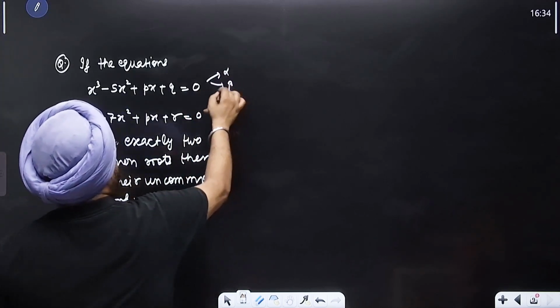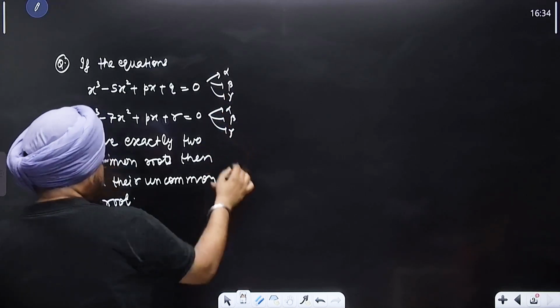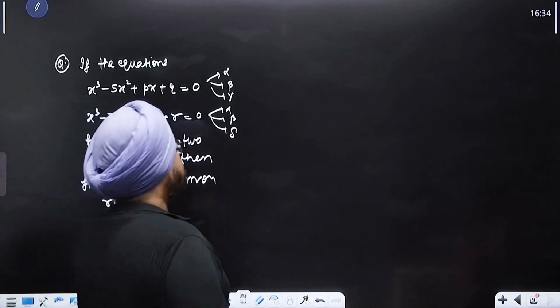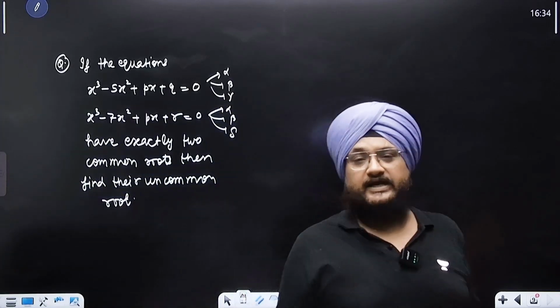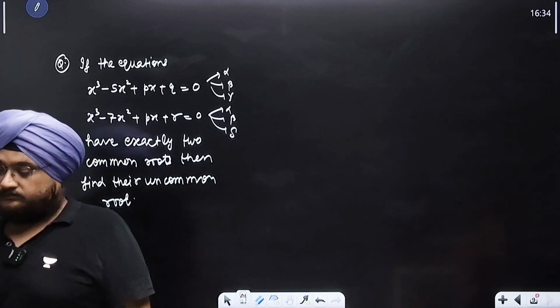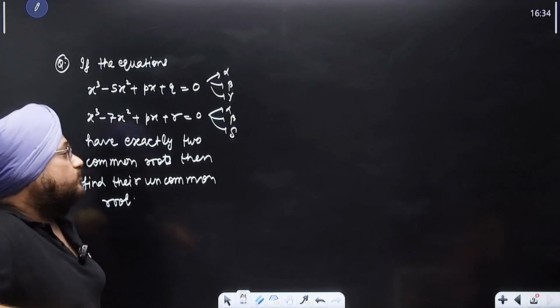Say the equations have roots alpha, beta, gamma and alpha, beta, delta. Alpha, beta are the common roots and the uncommon roots are gamma and delta. We need to find the values of gamma and delta. So how can we proceed?